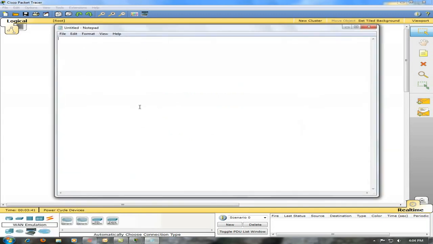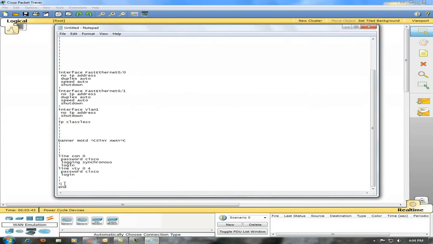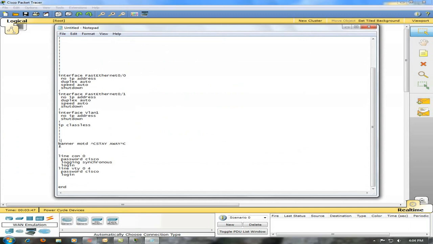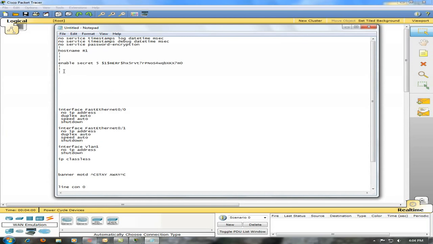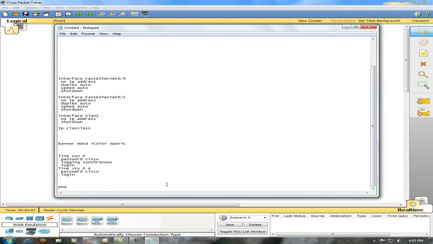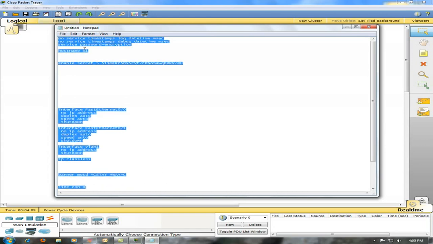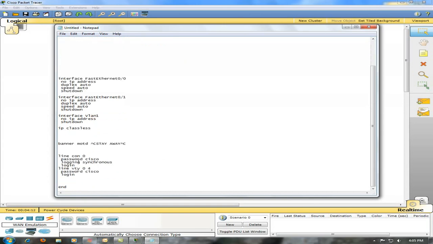We're going to open up Notepad, paste in our configs. Once we do that, we highlight everything. We change this to router 2.